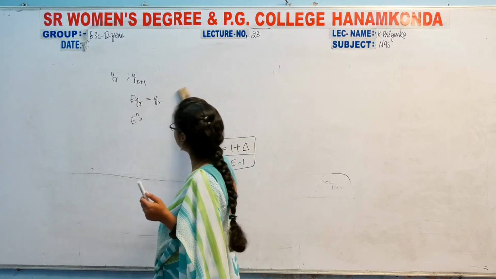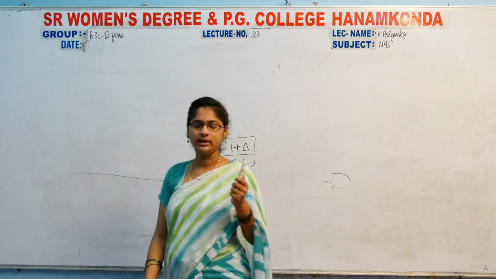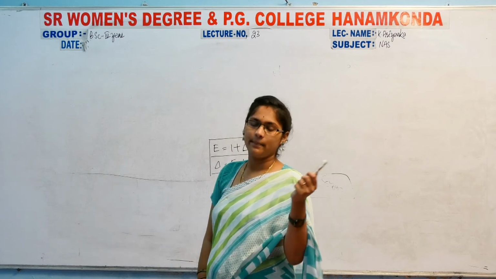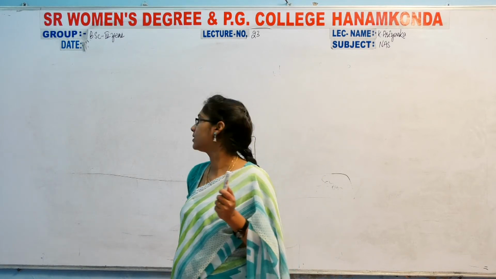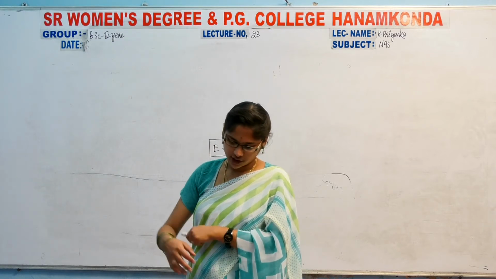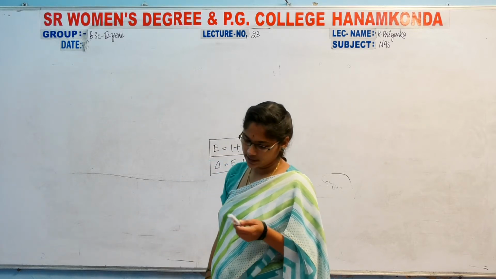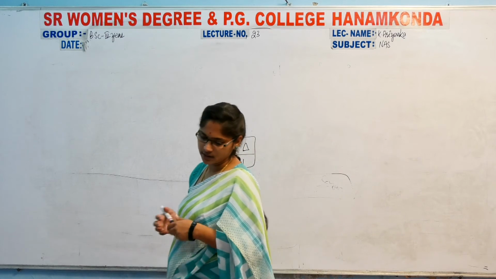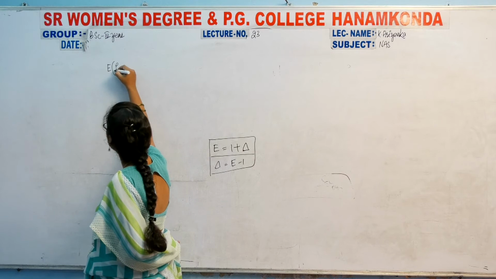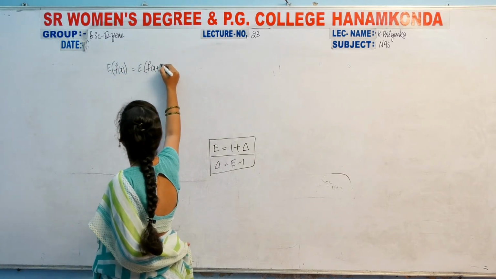Now write down. We can prove the above result as follows. The shift operator capital E is defined as E of f of x is equal to f of x plus h.